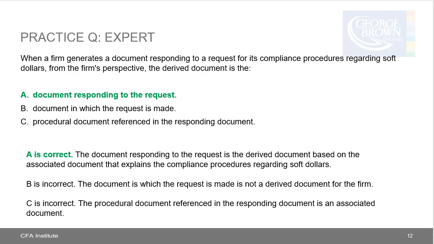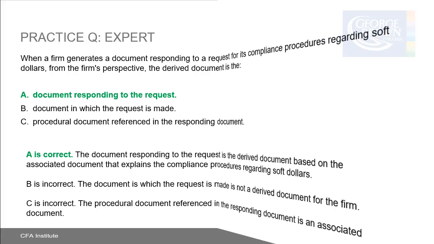The document in which the request is made is not a derived document for the firm. And the procedural document referenced in the responding document is an associated document. So we need to get some language clear with regards to a derived document and an associated document.